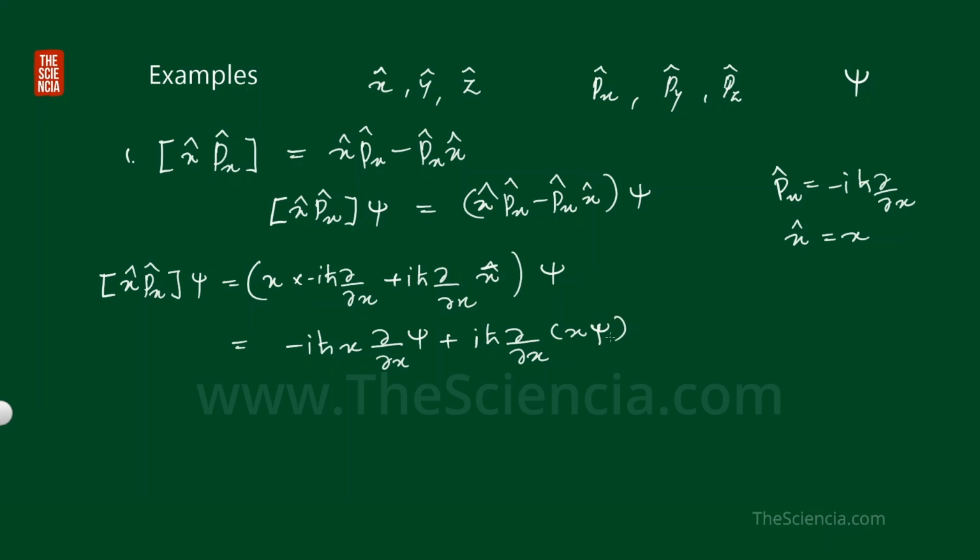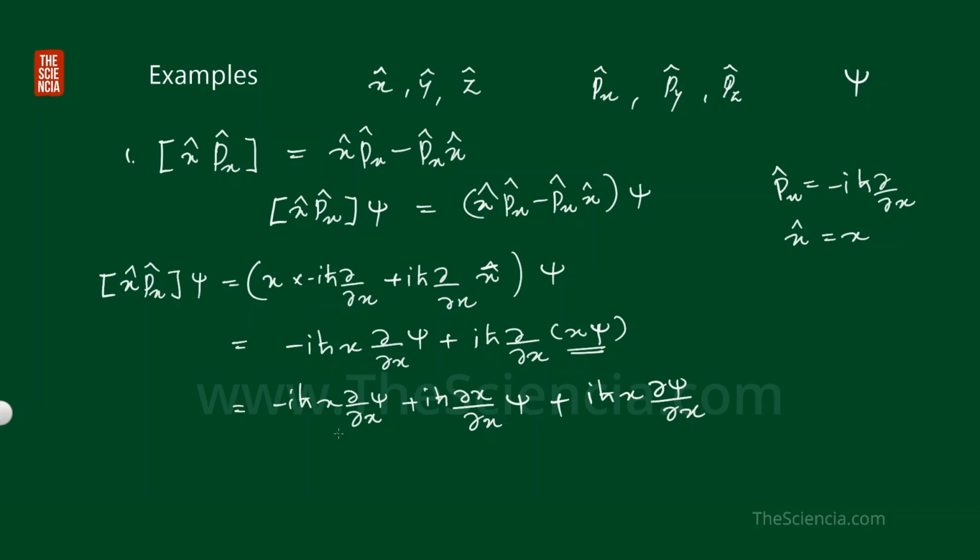This is a product of two terms, so it equals minus i h cross x dou psi by dou x plus i h cross, taking the derivative of the first term, dou x by dou x into psi, plus i h cross x into the derivative of the second function, dou psi by dou x.